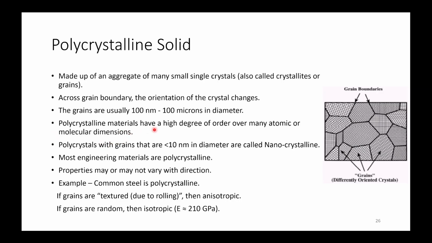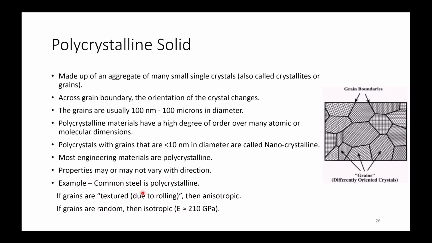Polycrystals with grains less than 10 nanometer in diameter are called nanocrystalline. Most engineering materials are polycrystalline because of the conditions that we form our materials in. These always solidify in the form of polycrystalline, and properties may not vary with direction, because of the different orientations, so these act as isotropic materials.